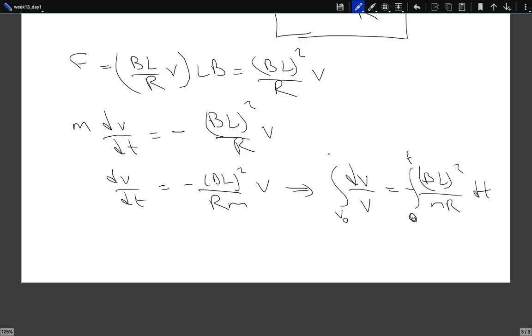At a later time t, v is v of t. The left-hand side is the logarithm of v from v0 to v of t. The right-hand side is minus BL squared over m times R times t, minus 0.